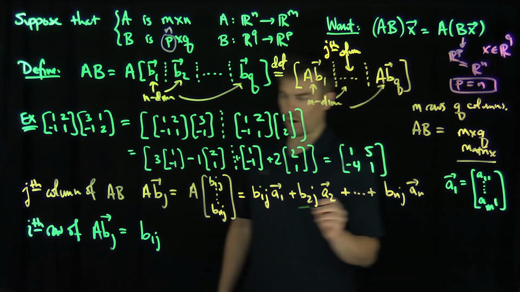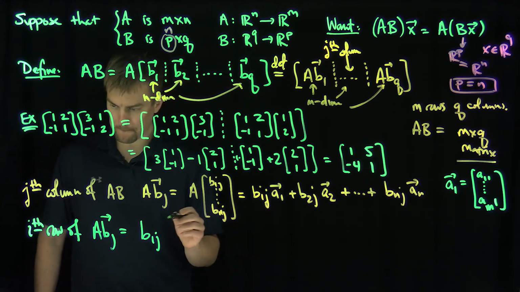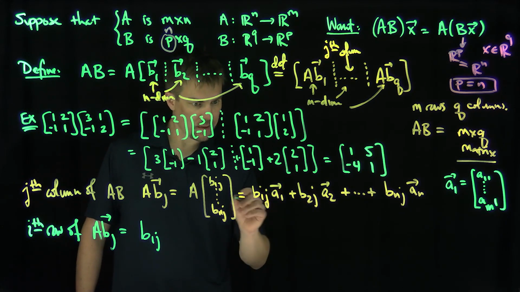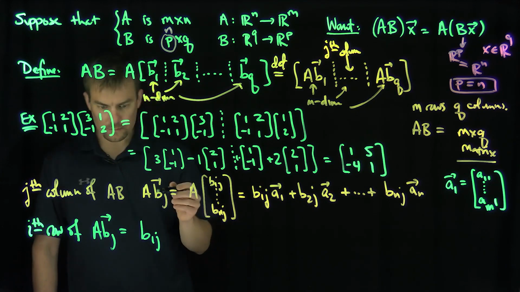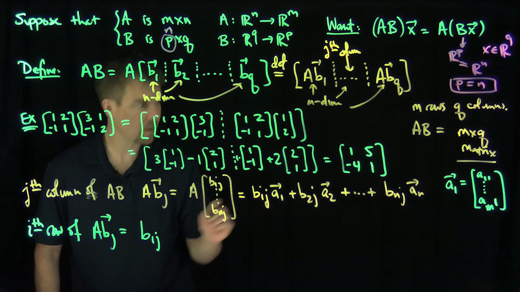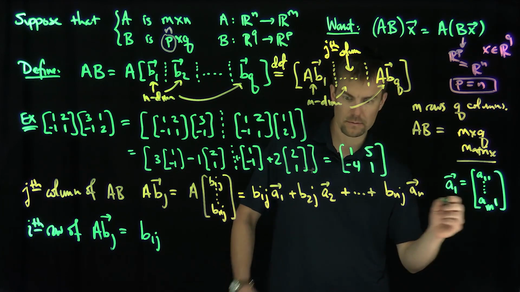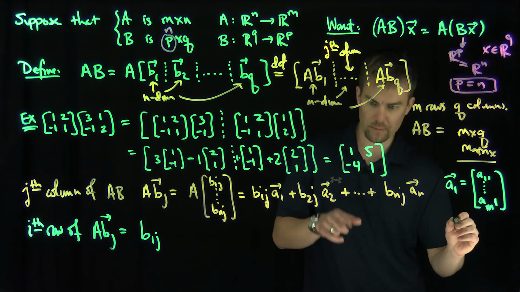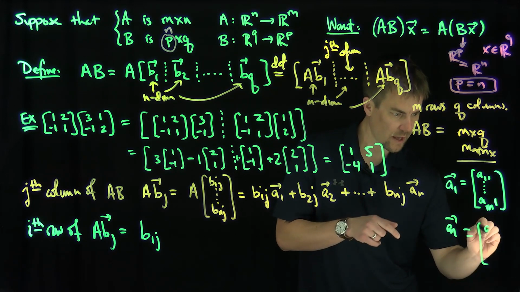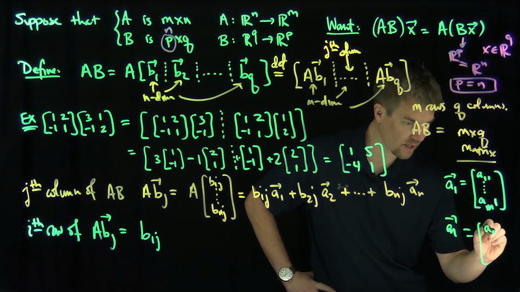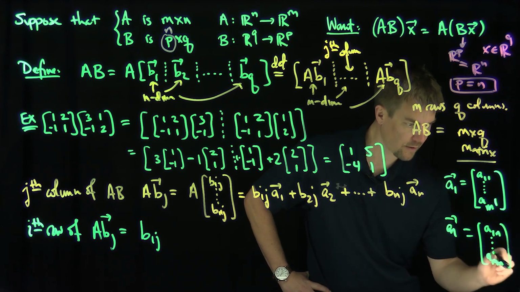So the ith row is going to be Ai1, right? So I'm going to have an Ai1 B1j. So that's a B1j A1, right? And of course, what will these things look like in general? For example, An will also be what? It will be A1n, row 1, column n, all the way down to Amn, right?